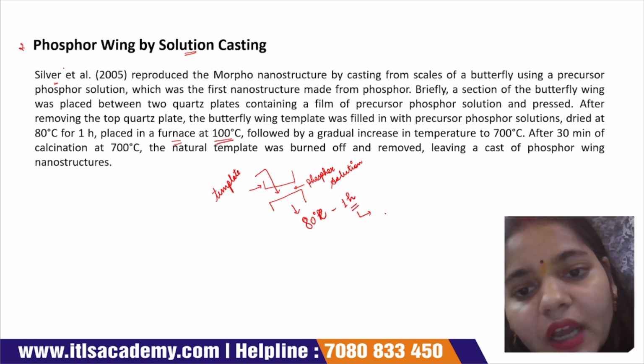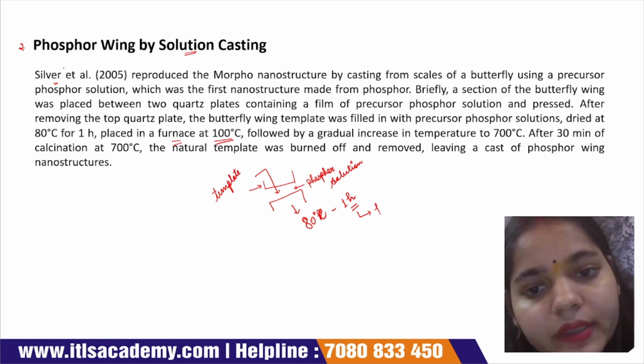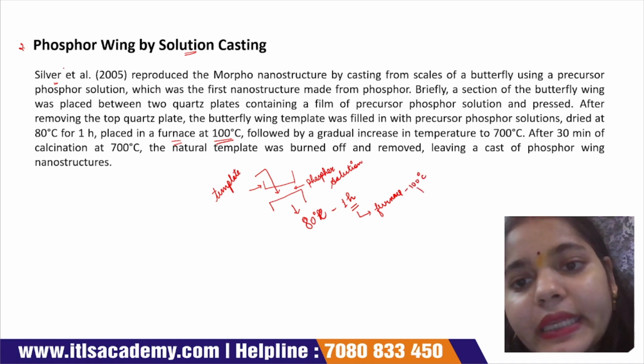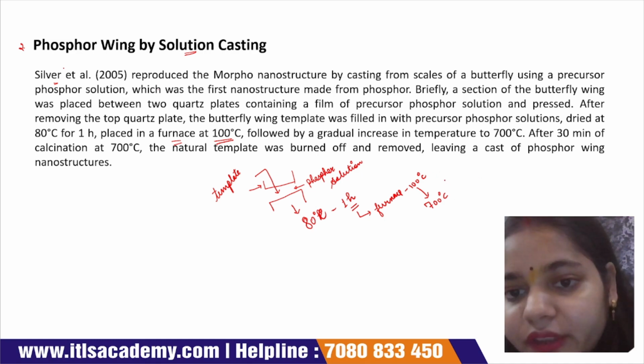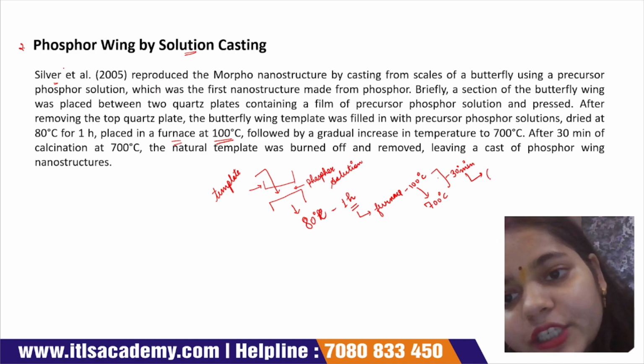Okay, after the 1 hour, we put this into the furnace at 100 degrees centigrade, and we gradually increase this temperature up to 700 degrees centigrade. After 30 minutes, we perform the calcination process.